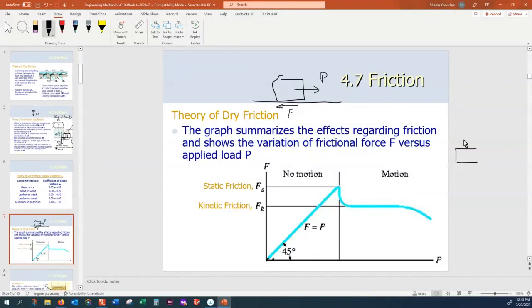When I increase the driving force a little bit, the friction develops. This is 45 degrees, so between this point and that point, my friction force is equal to the driving force. But how are these two forces correlated beyond that point?